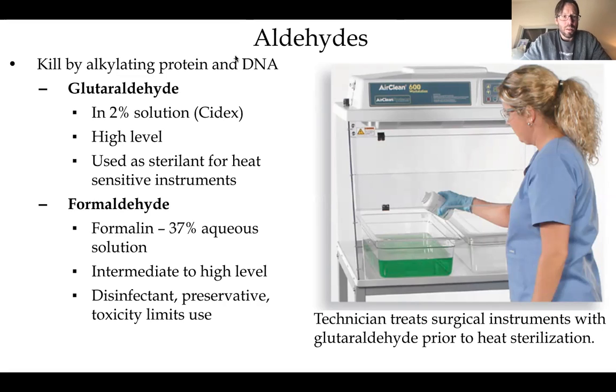Formaldehyde is also anywhere from intermediate to high level, and this is particularly used to fix things. So if you are taking a specimen and you want to fix it in a solution so that you can then slice it and put it on slides or dissect it, but you don't want it to break down, you use formalin, which is just a 37% solution of formaldehyde.